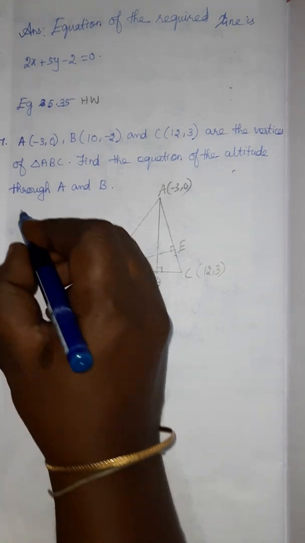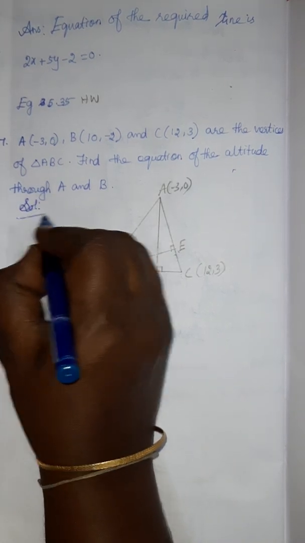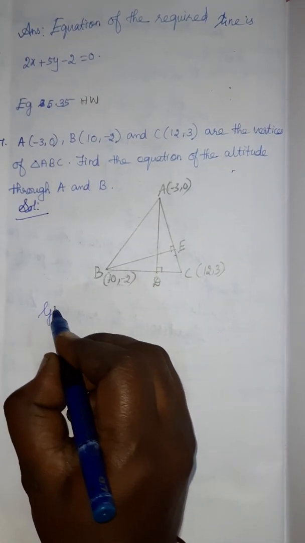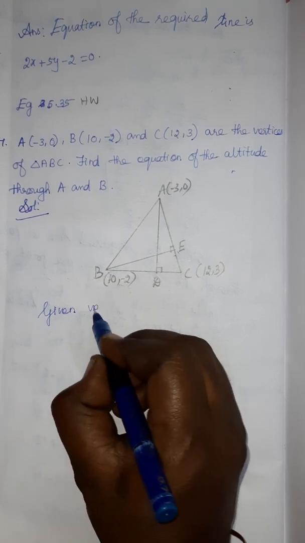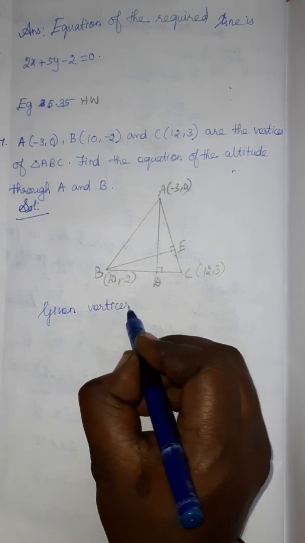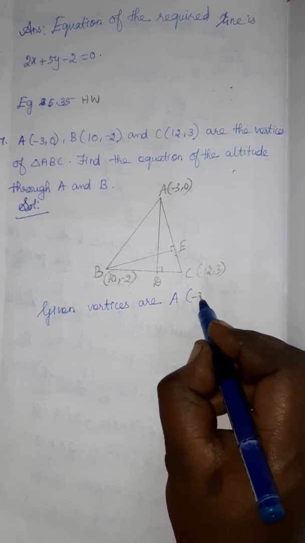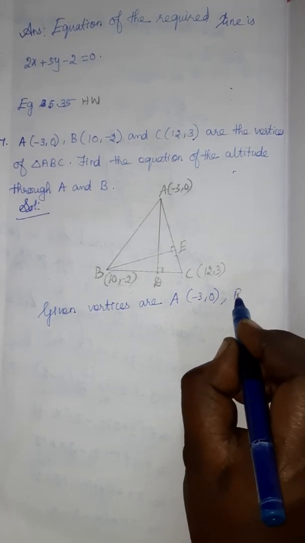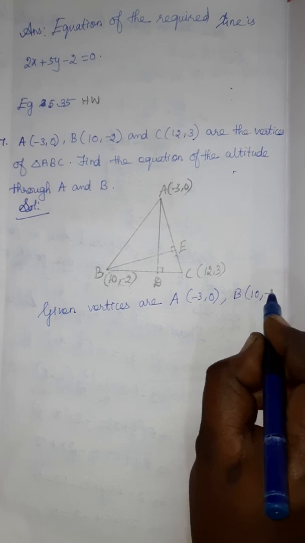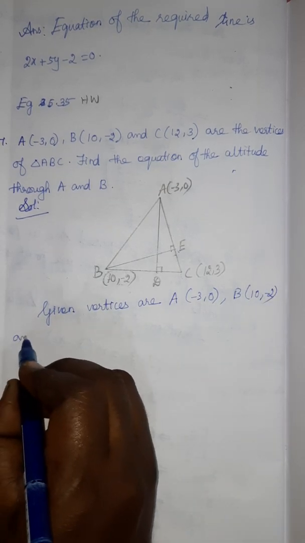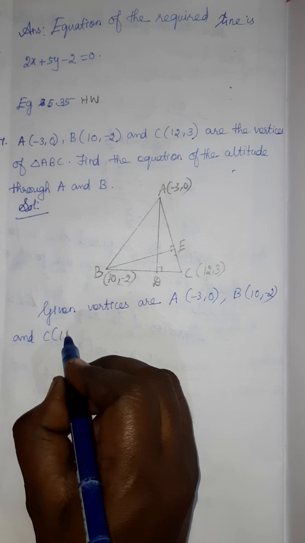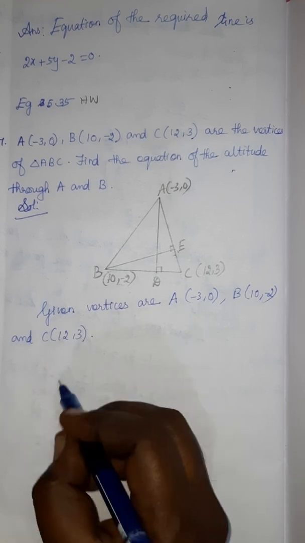First write: given vertices are A(-3, 0), B(10, -2) and C(12, 3).